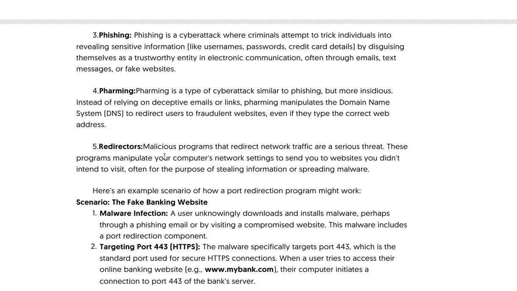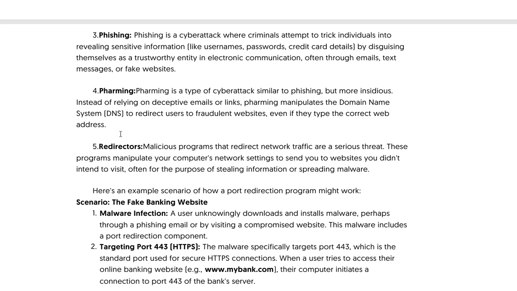Next, you have redirectors. What redirectors do is embed malicious programs, redirecting the traffic for other serious threats. These programs manipulate the computer network settings itself to send you to a website you don't intend to visit.